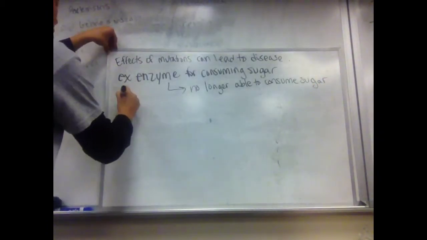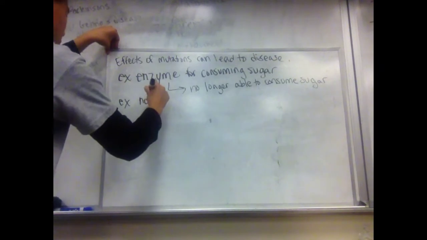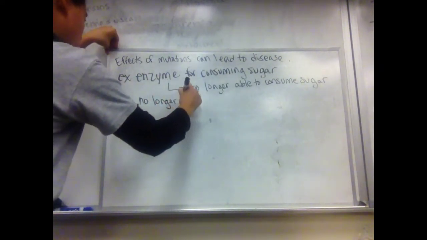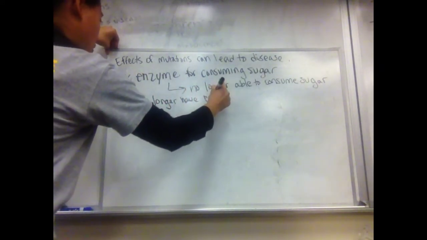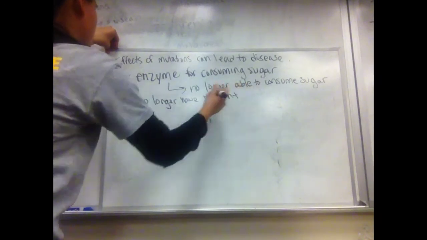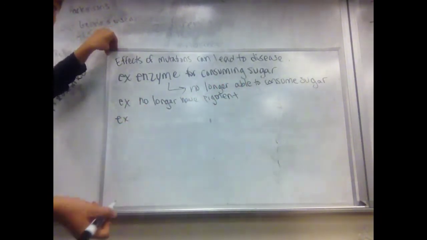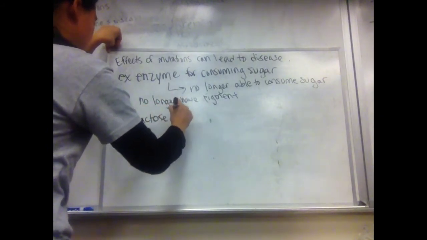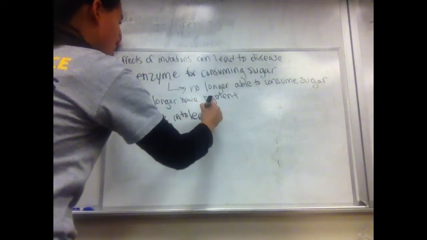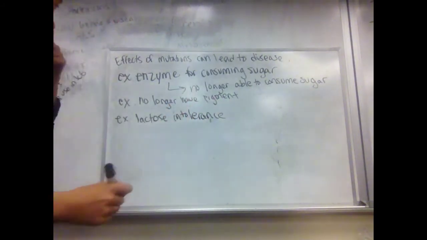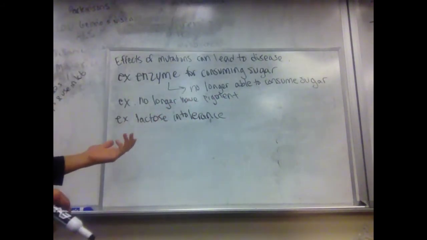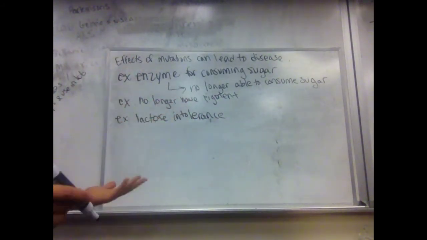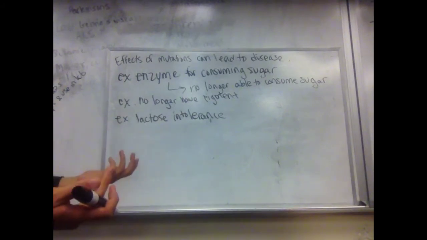Albinism could be another example where you no longer have pigment. It could lead to a non-functional or decreased function of an enzyme. For example, lactose intolerance is a result of a non-functional enzyme for lactase. So a lot of these diseases are the result of you not having a functional protein, meaning you're unable to do what you need to do.